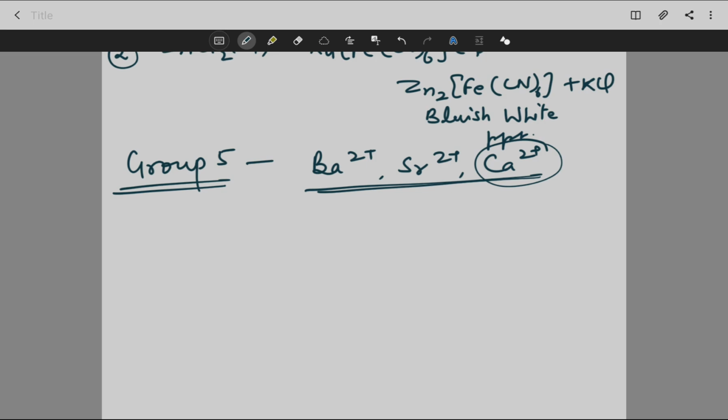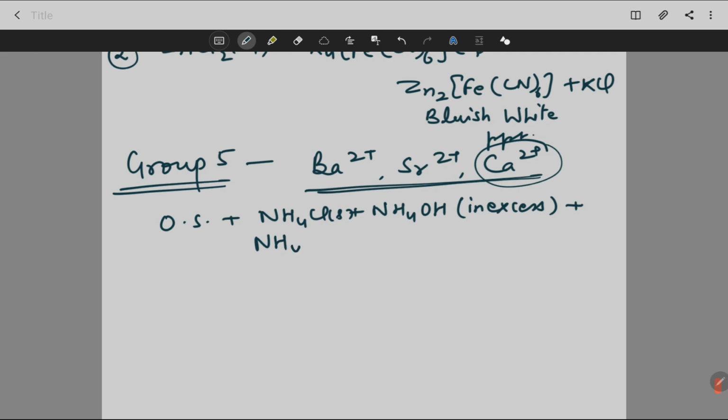How do we proceed for group 5? We take the original solution, add ammonium chloride to this, and add ammonium hydroxide in excess. The process is repeated the way we do for group 3: we add solid ammonium chloride, boil, cool, then add ammonium hydroxide in excess, and then add ammonium carbonate, (NH4)2CO3, a saturated solution.